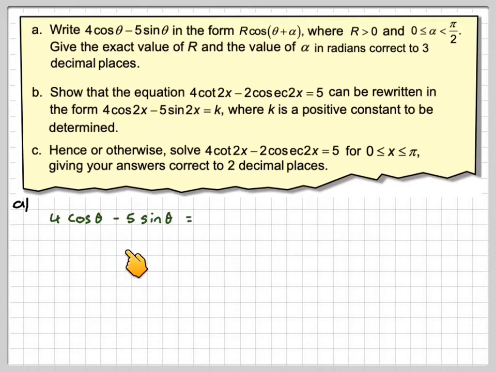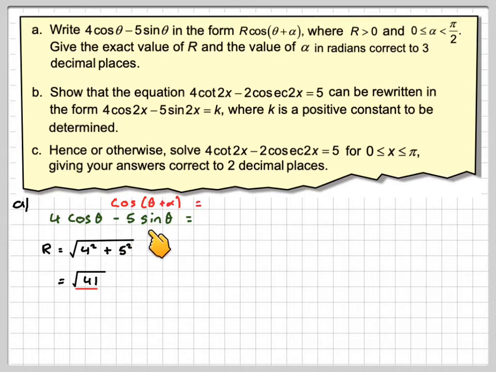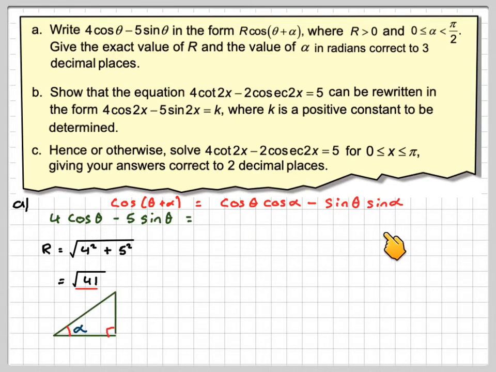So we've got 4 cos theta minus 5 sine theta. And so r is normally the square root of 4 squared plus 5 squared, which is going to make the square root of 41. 16 plus 25 is 41. So this could be rewritten as cos(theta plus alpha) is equal to cos theta cos alpha minus sine theta sine alpha. So we want cos alpha to be the 4.